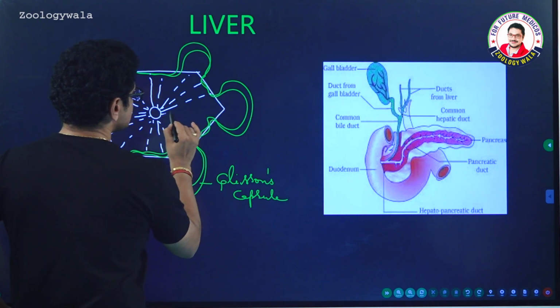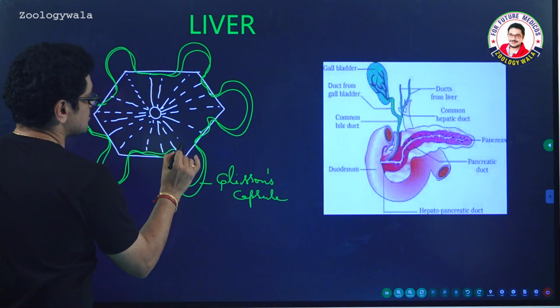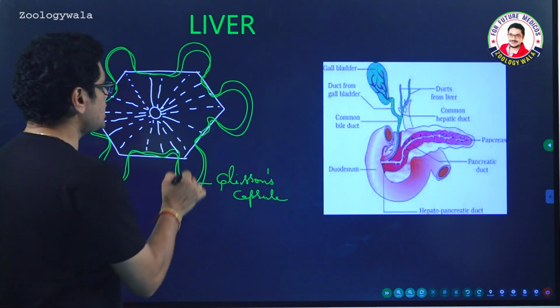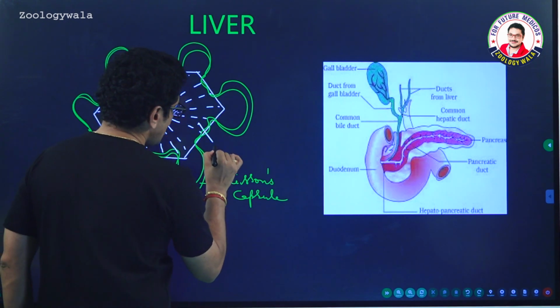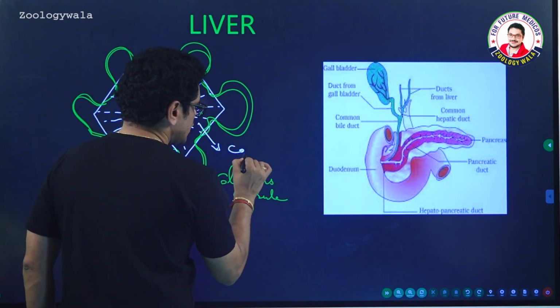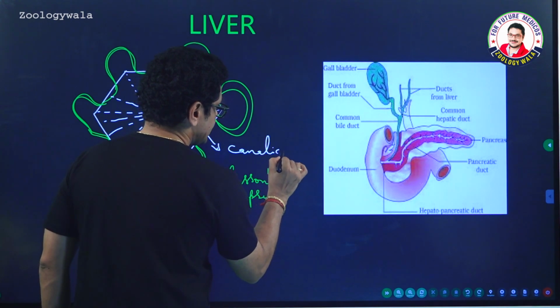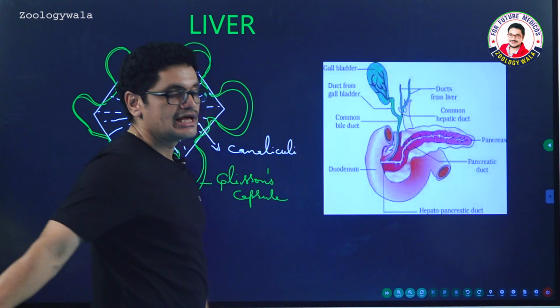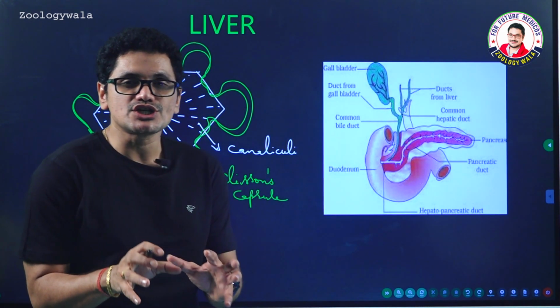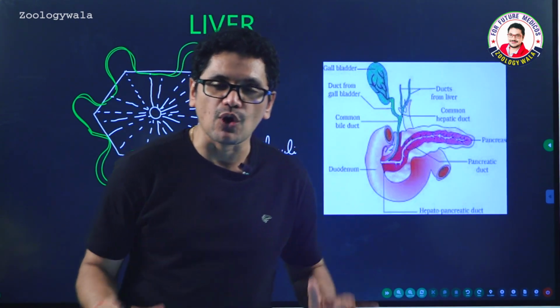The spaces present between these cells, which are arranged in the form of a cord, are called canaliculi. C-A-N-A-L-I-C-U-L-I. Bile canaliculi are the places where the bile will flow.